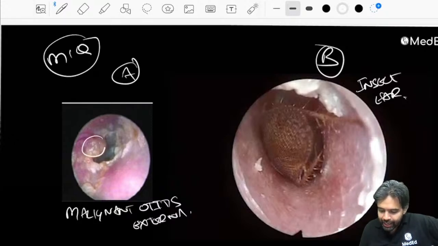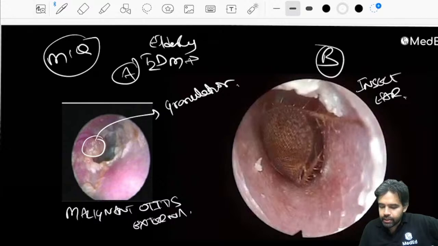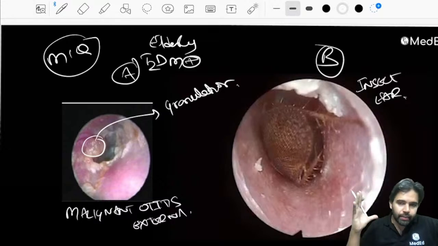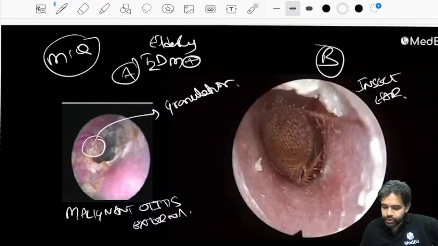You see this granulation tissue, typically in elderly with type 2 diabetes mellitus and chronic non-healing. It's an otitis externa with some local invasion. Malignant otitis externa is a very important question, caused by pseudomonas.